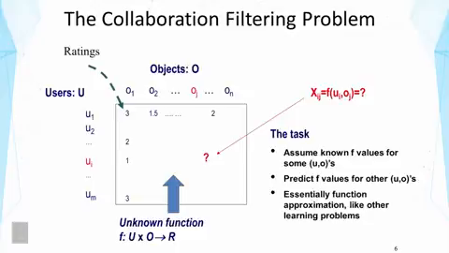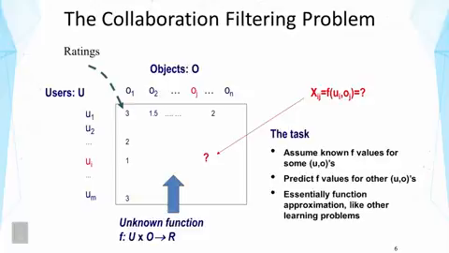For example, those items could be movies, could be products, and then the users would give ratings 1 through 5, let's say. So what you see here is that we have shown some ratings available for some combinations. So some users have watched some movies, so they have rated those movies. They obviously won't be able to watch all the movies, and some users may actually only watch a few movies. So this is in general a sparse matrix.